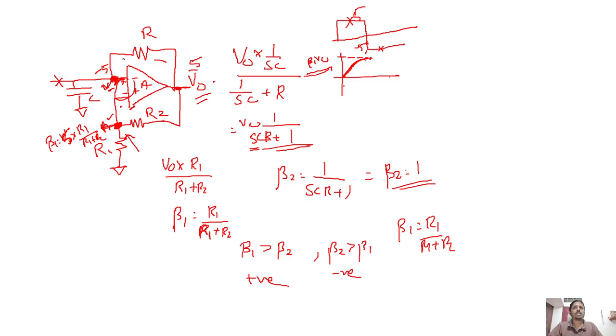Due to this feedback action there is a current flowing, and since the capacitor won't change suddenly, it requires some time, the RC time constant. So it will slowly try to reach minus 5, but before reaching it, it will reach minus beta 1 V0. Again the reverse will happen: this voltage will be lower than the plus terminal, so again the output will suddenly change.